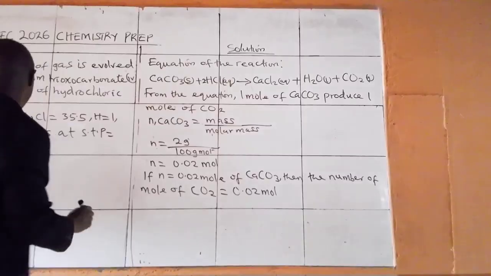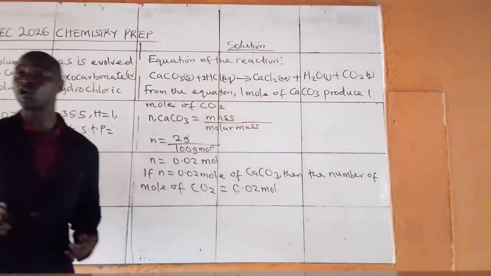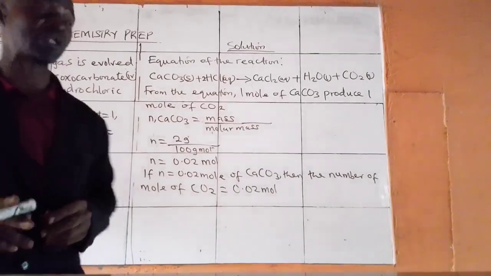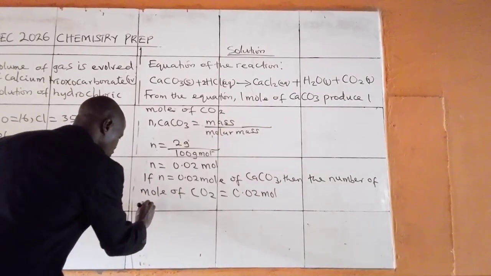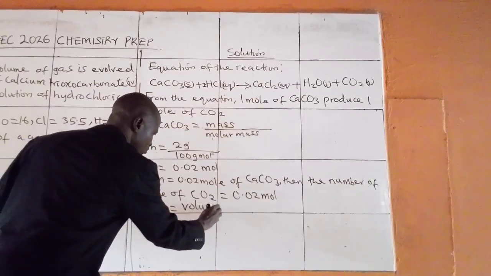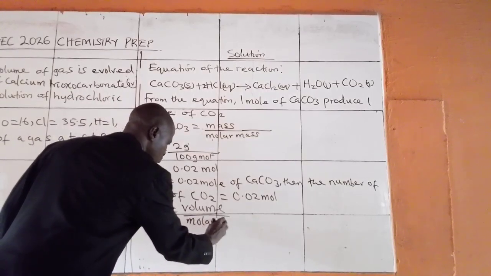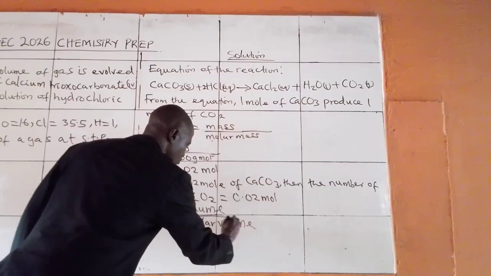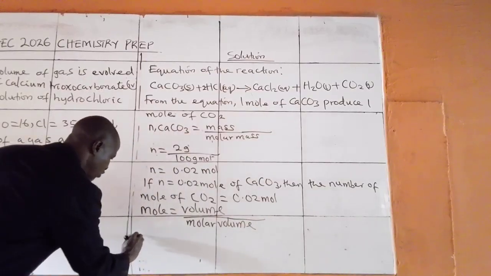So in order to calculate the volume, we are going to use the formula mole is equal to volume all over molar volume. We now make volume the subject of the formula.